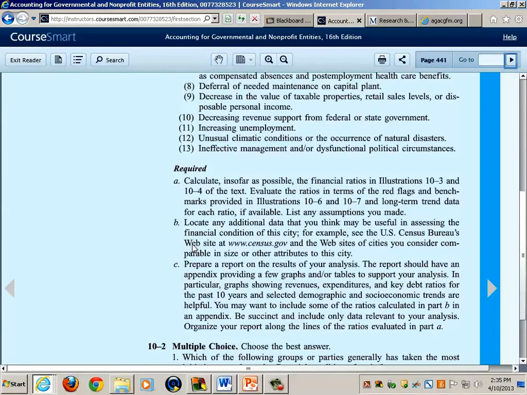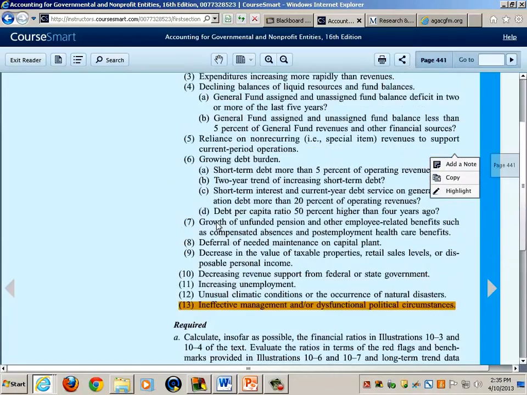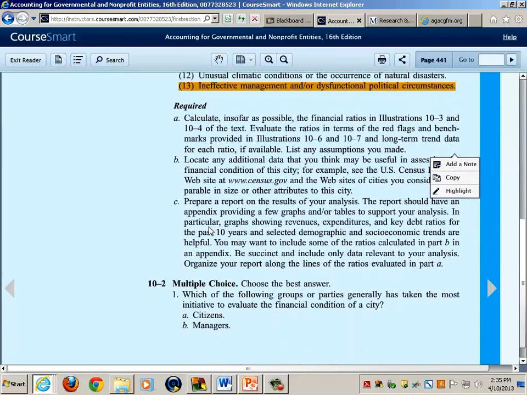This is the last thing that you would answer, and then don't be concerned about these. This is on page 441. You've already answered many, many things coming to this point, and I didn't want you to have to go out and calculate the individual ratios over a period of time.